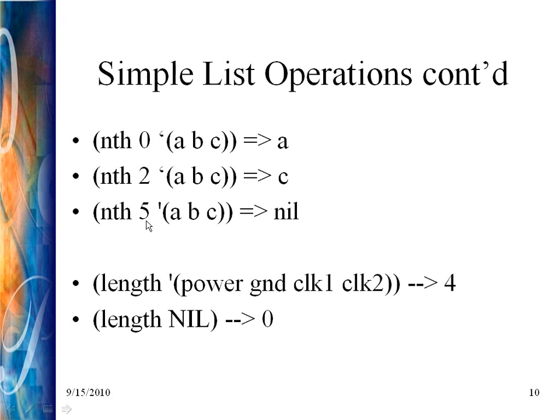Notice that if you specify an index which is equal to or bigger than the length of the list, then you get nil back. You don't get an error. There's nothing wrong with trying to access any index of a list. If the index is too big, you just get nil back.